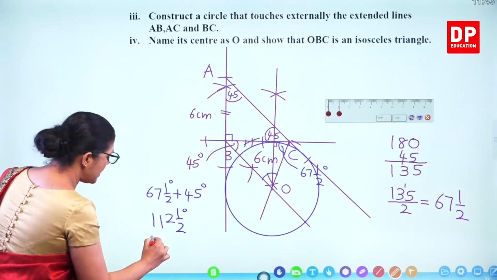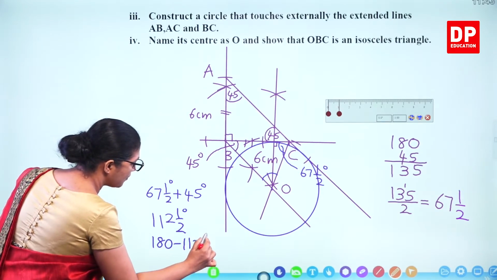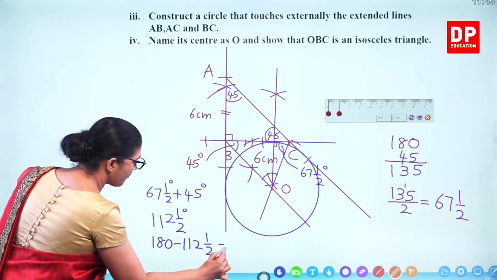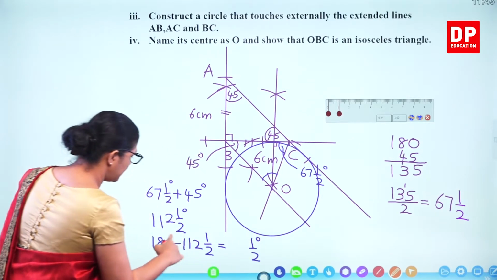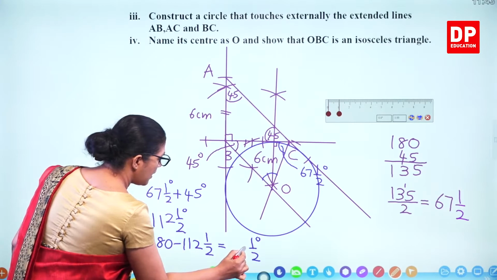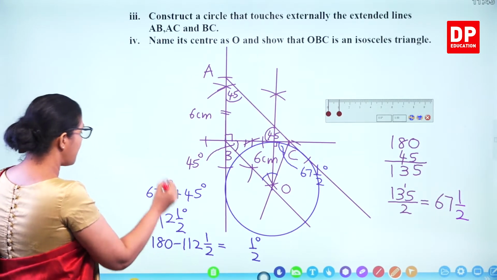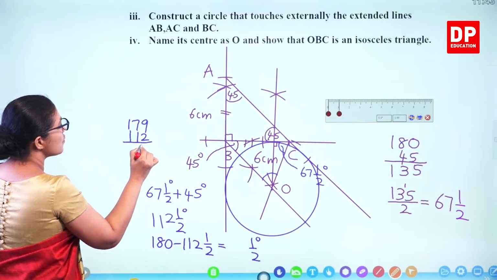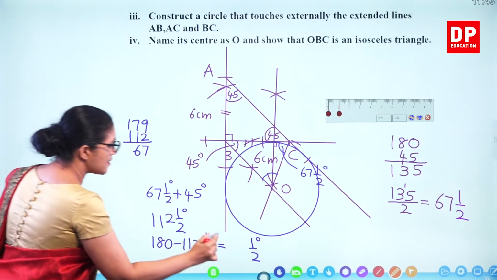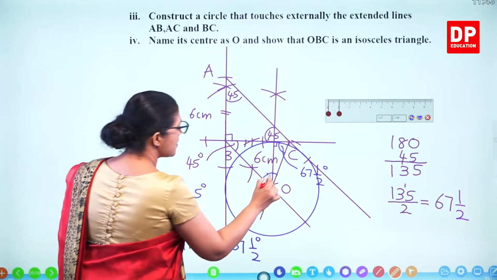Then 180 minus 112 and a half. You get 67 and a half degrees. So this is also 67 and a half.